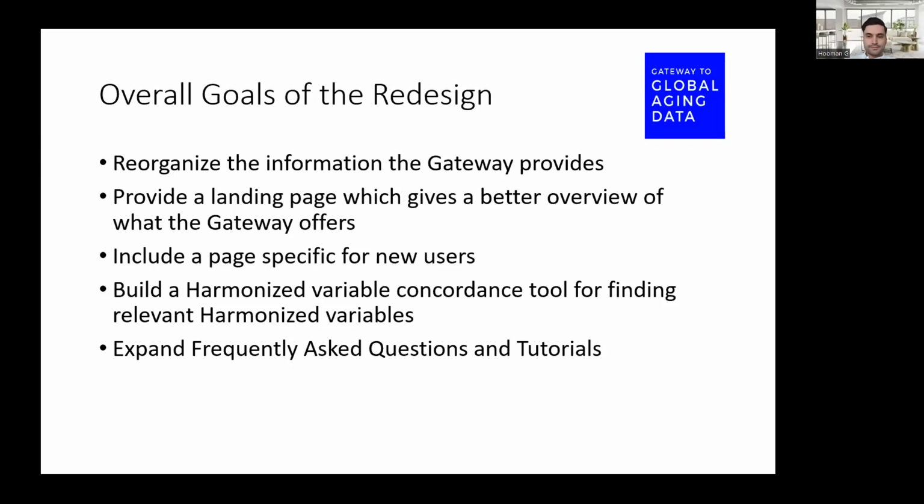So we wanted to give a landing page which just gives people lots of information. This is also somewhat more consistent with modern websites, where you get a lot of information on the first page that you come to. We wanted to include a page specific for new users that was easy to find.